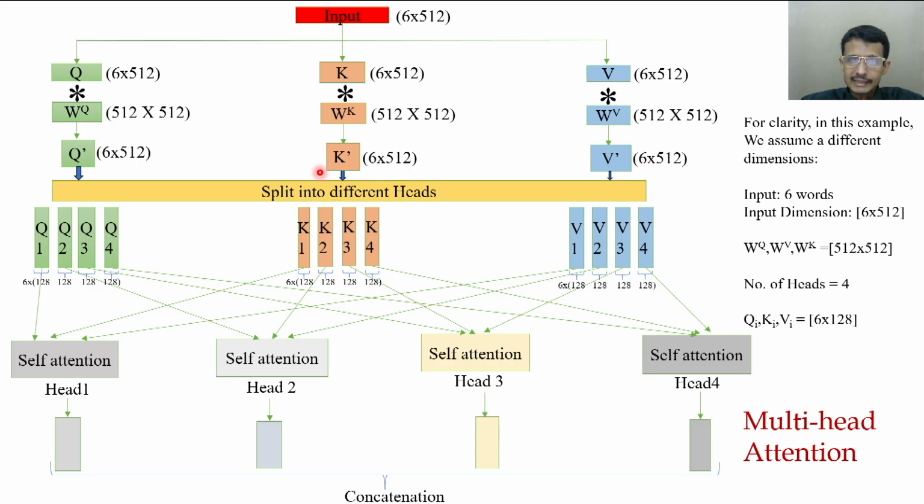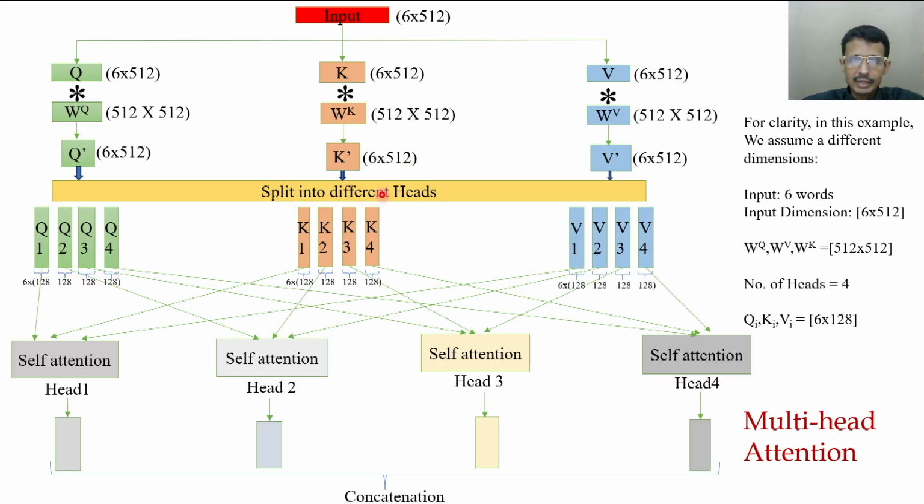Now what do we basically do? Just recall our understanding of what we have done in case of multi-head attention. We split into different heads. So 4 heads we have used here: Q1, Q2, Q3, Q4, and K1, K2, K3, K4, and V1, V2, V3, V4.